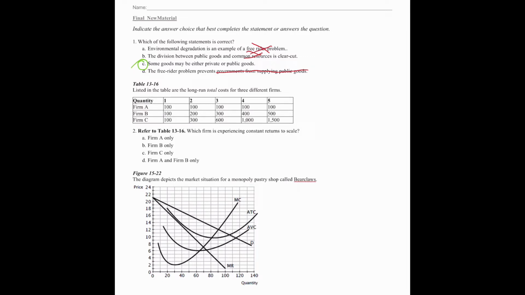Question 2. Listed in the table are the long-run total costs for 3 different firms. Which firm is experiencing constant returns to scale? So constant returns to scale means that as inputs double, outputs double.